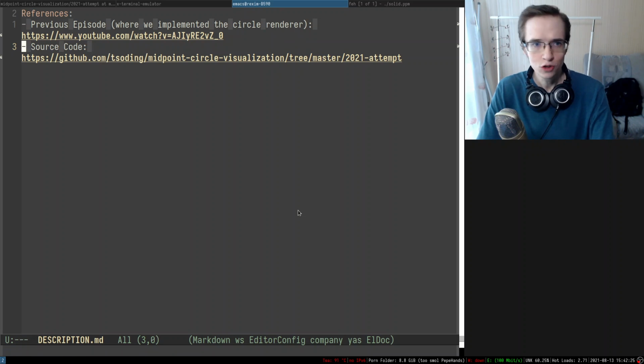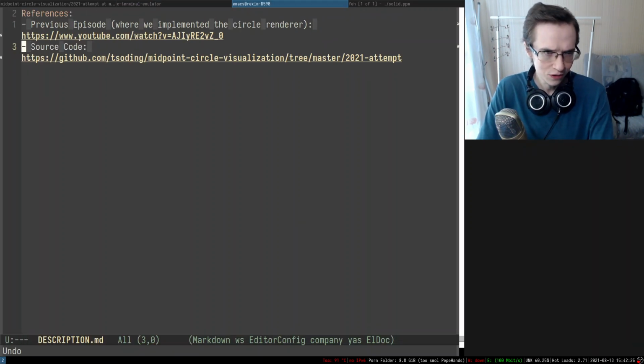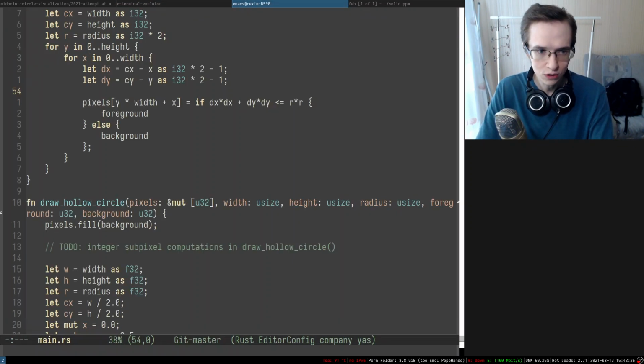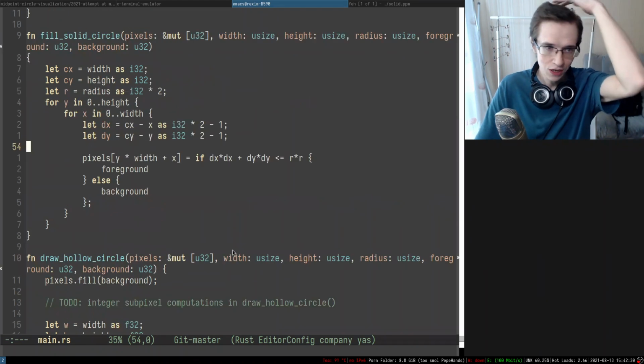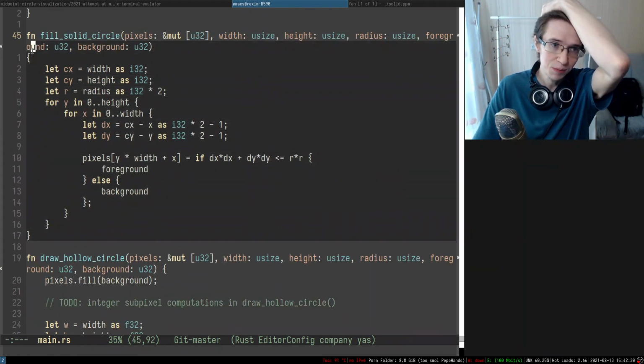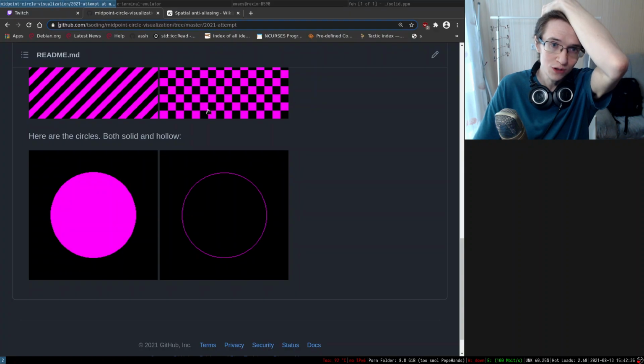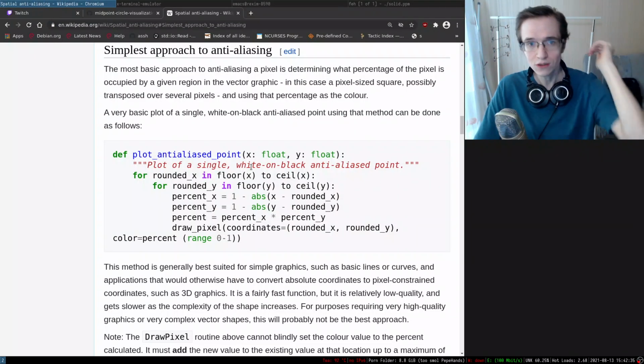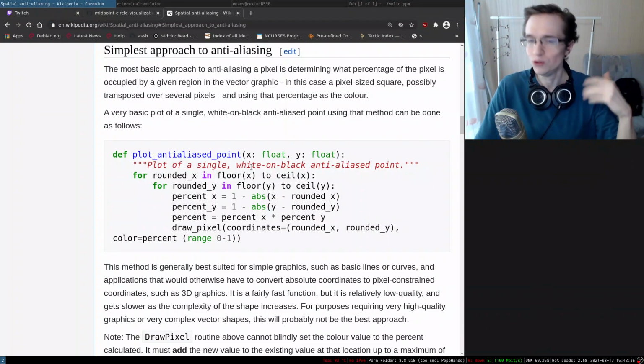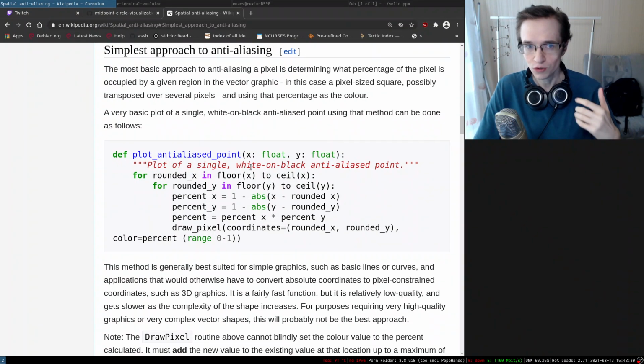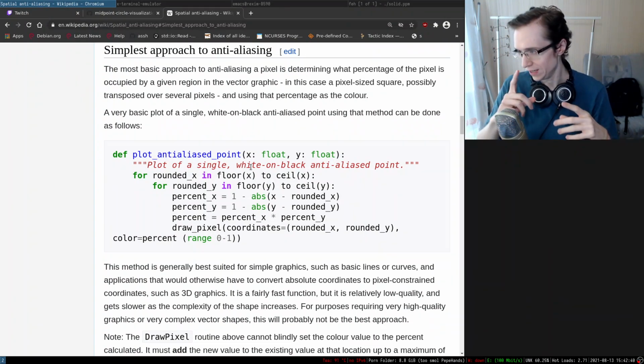There we go. The topic of today's session is going to be trying to implement anti-aliasing for that specific piece of code, using this idea where we approximate, or determine, what percentage of the pixel is occupied by a circle.